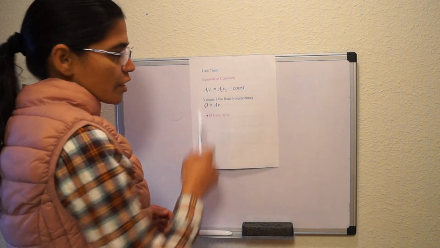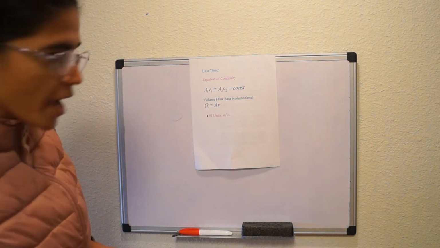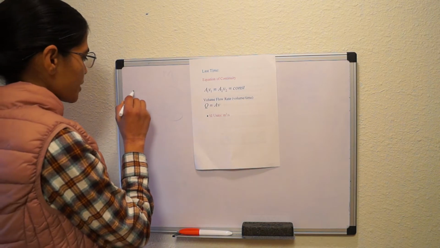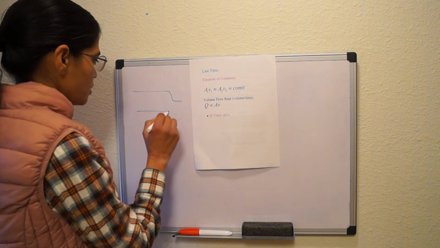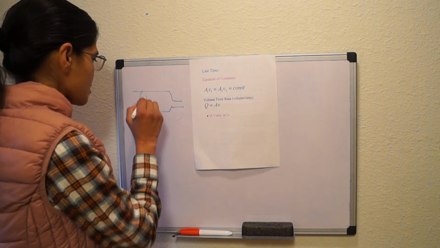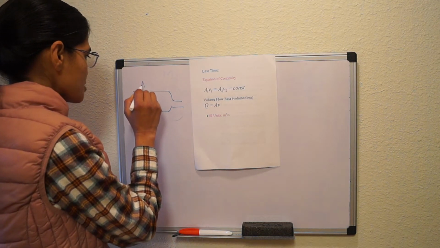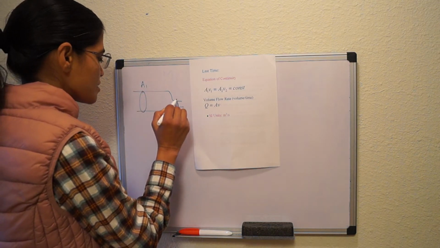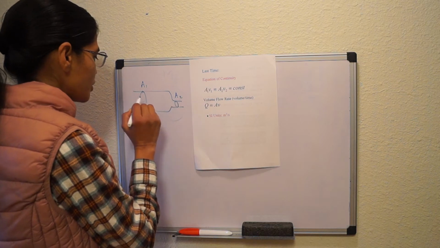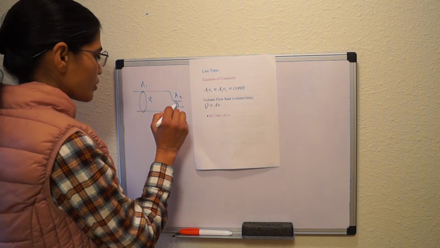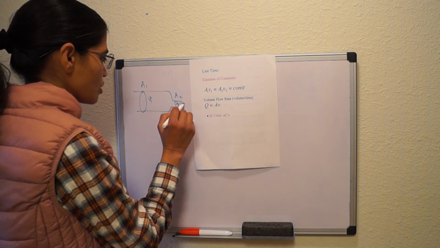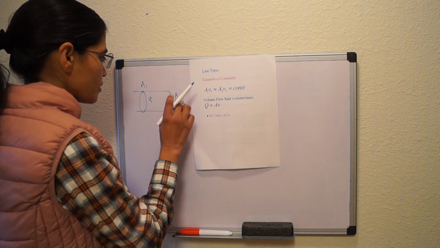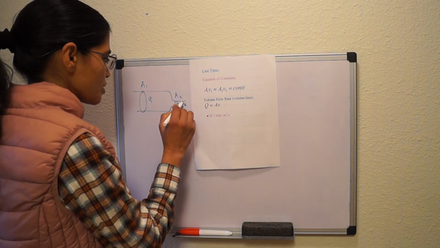Here A was the cross-sectional area, right? So we made a tube something like this. We had a greater cross-sectional area A1, and then a smaller cross-sectional area A2. We looked at the velocity V1 here, and the velocity V2 here, the speed of the particle.